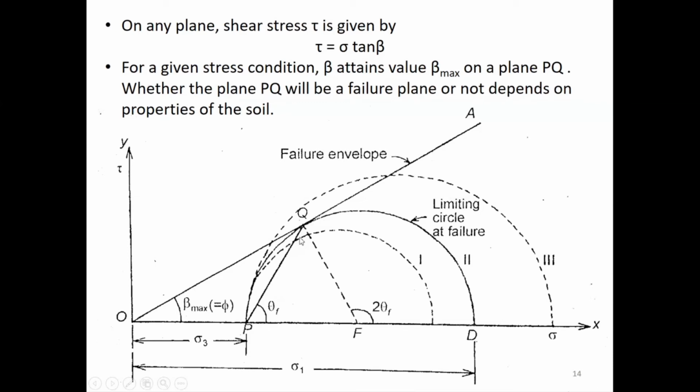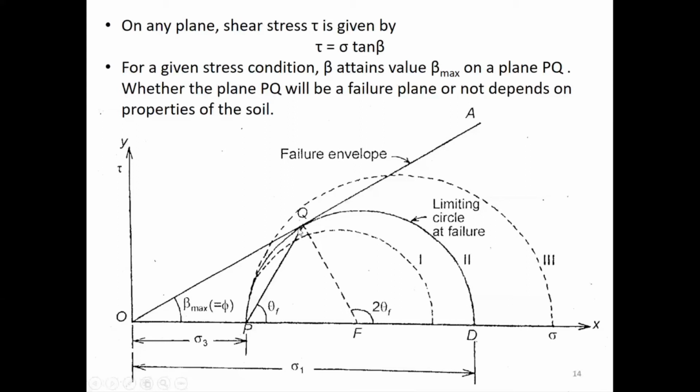right? And if I subtend from this particular point Q a line to the pole, what will I get? I will get the failure angle. I mean, I will get the angle at which that particular plane is inclined with the major principal plane. Here OX is my major principal plane.